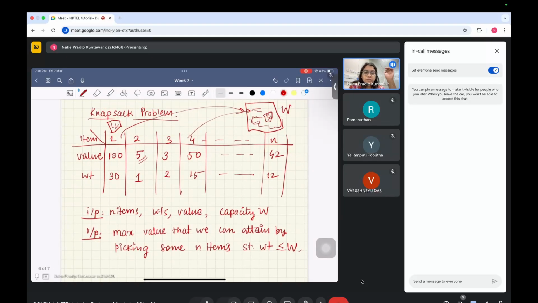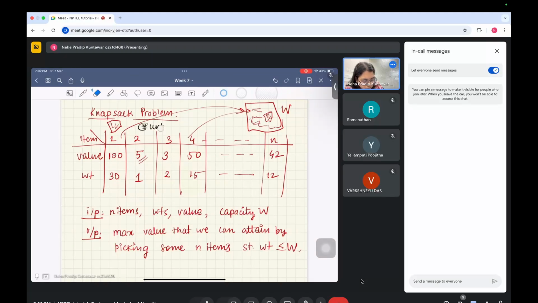And let's say for now, let me just assume that there is an infinite supply of these elements. So I'm not saying that this item you can only pick once. You can pick it as many times as you want. There's no limit on the supply of them. They're unlimited, but you can't pick all of them, of course, because there is a weight capacity. So this kind of a constraint is called unbounded. This is the unbounded version.